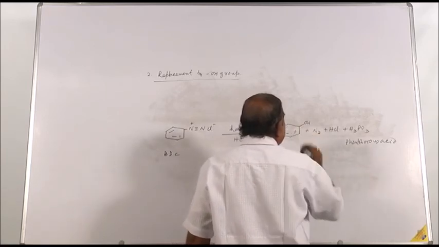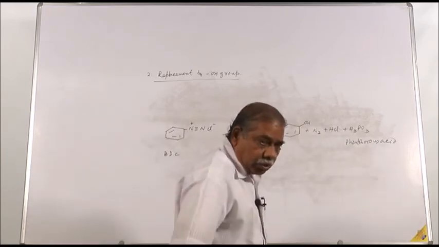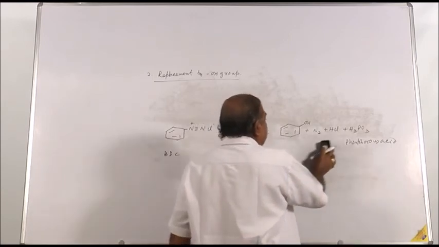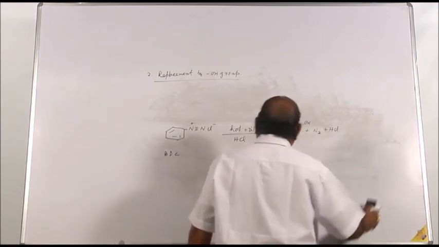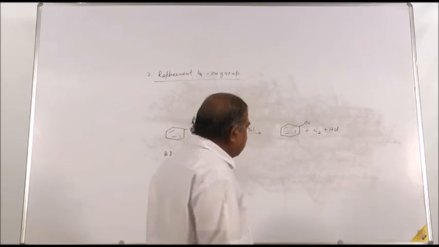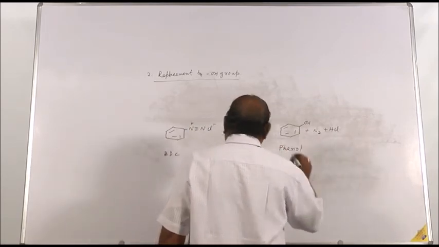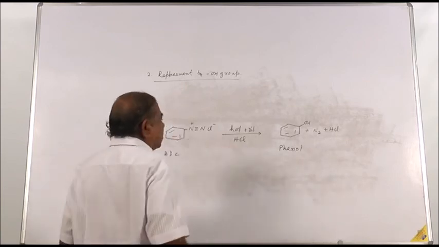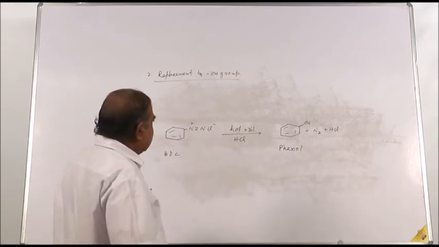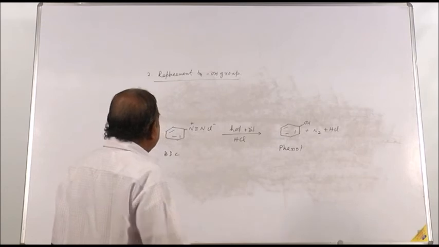The diazonium group is replaced by OH group along with nitrogen and hydrochloric acid. So this is your phenol, where you can find the diazo group is replaced by OH group. That is, it gives you phenol.